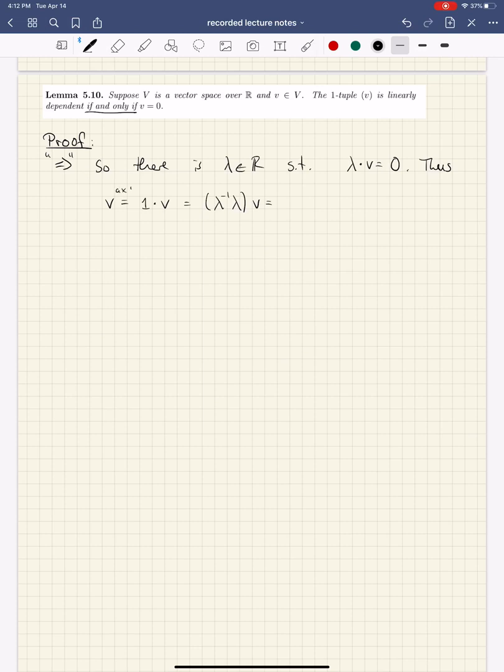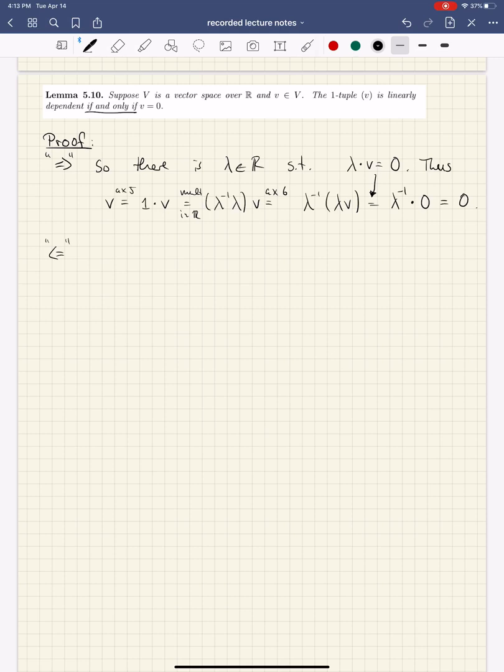This is axiom 5, this is multiplication in R, and this is axiom 6. This is lambda inverse times 0 by the assumption, which is right up there. And now this is equal to 0 by one of the consequences, the theorem right after the axioms of a vector space. So this overall shows that v is equal to 0.